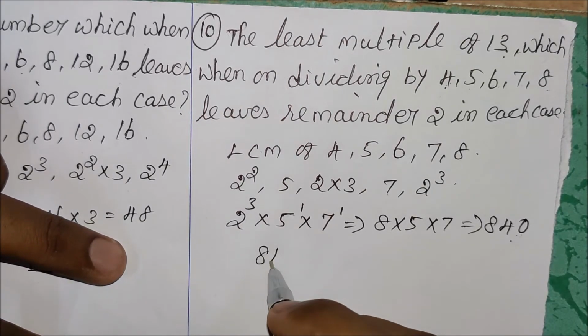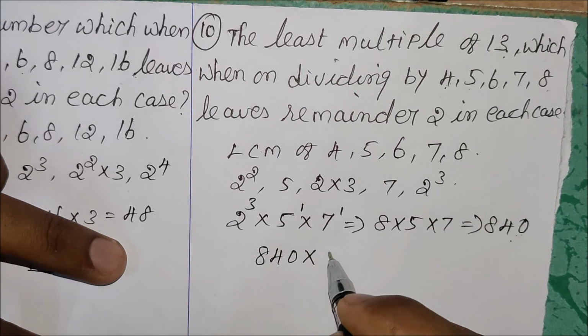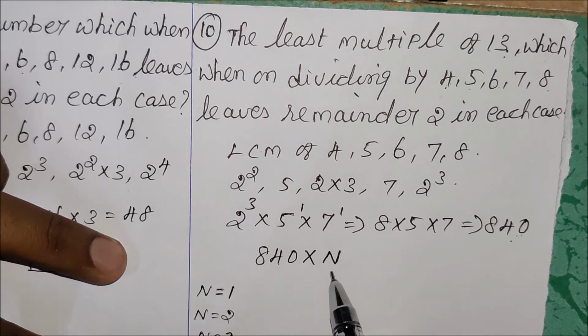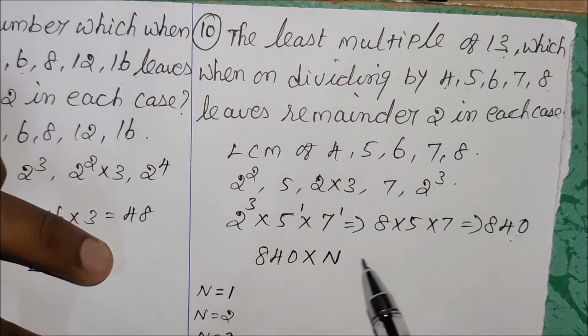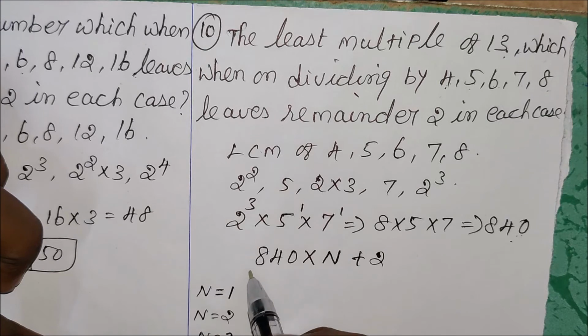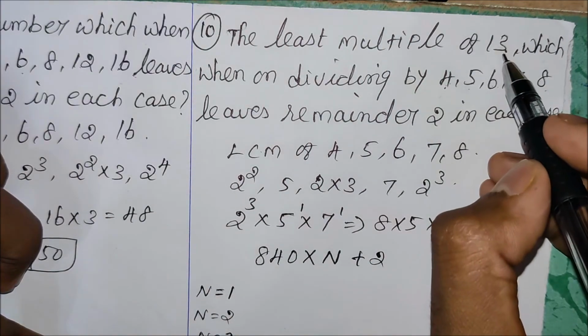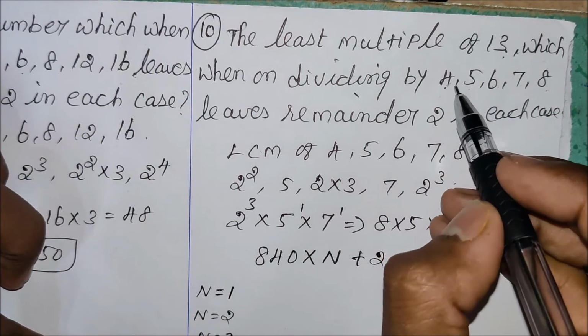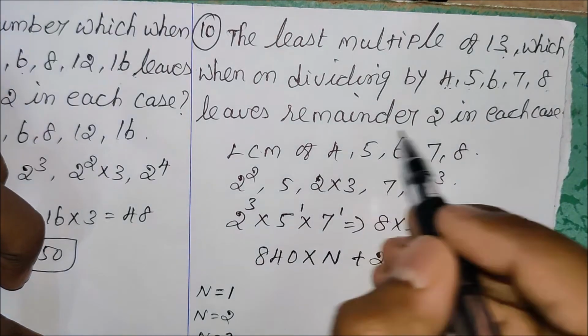For multiples of 840, I'll put a number n: n is equal to 1, n is equal to 2, n is equal to 3, and substitute with this n, plus 2, because then the whole number will be exactly divisible by 13, as well as when the whole number is divided by 4, 5, 6, 7, 8, it gives remainder 2.